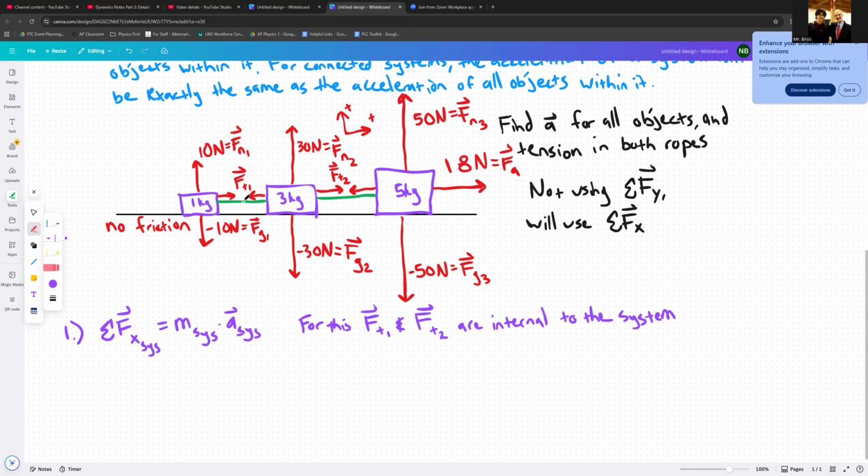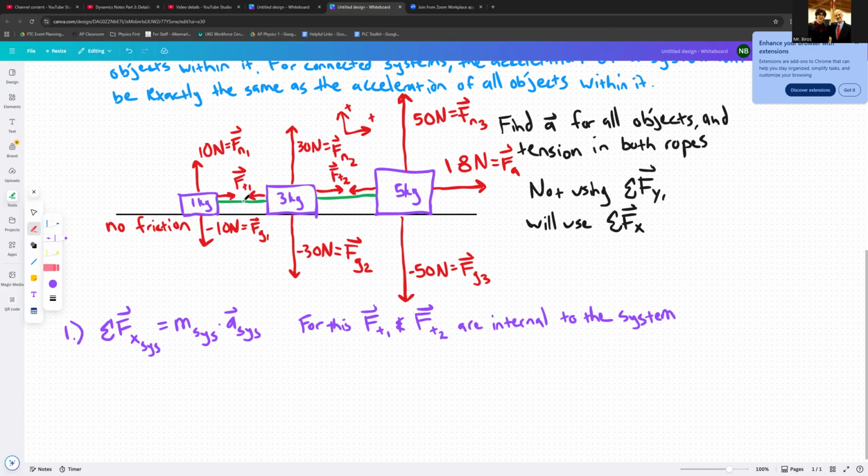That tension comes from the rope and the objects themselves pulling and pushing on the rope, and the forces from the rope acting on those objects. Those are internal. They are part of the system itself. Things like gravity, normal force, or applied force here are external.